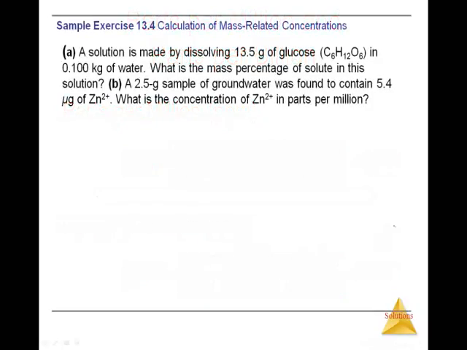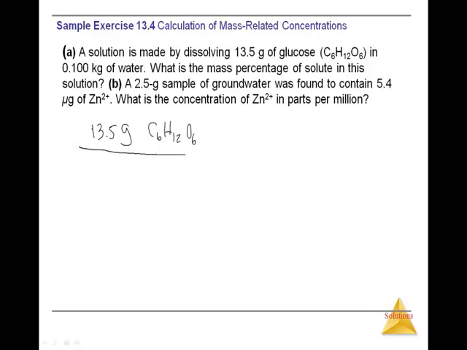Okay, so let's say a solution is made by dissolving 13.5 grams of glucose in 0.1 kilograms of water. What is the mass percent of solute in this solution? Okay, so I have 13.5 grams of C6H12O6, and I have 0.1 kilograms of water.